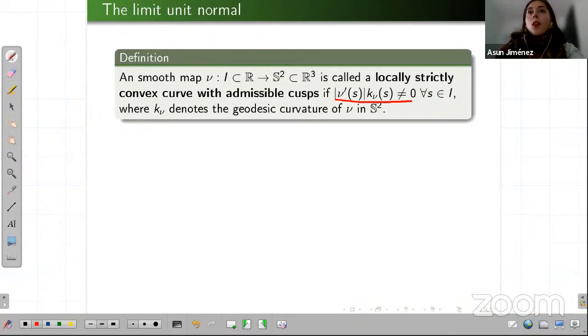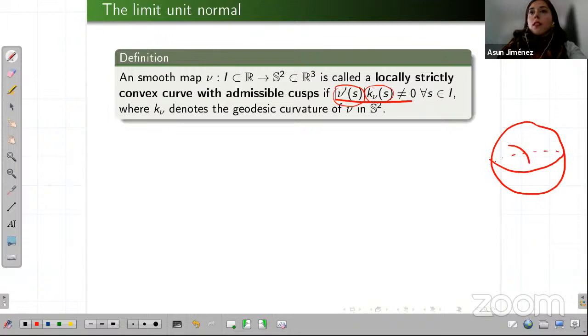At the points where the curve is regular, the geodesic curvature is different from zero, but you admit these bad points that we call cusps, which are points where the curve is not regular, that is, this may be zero, but in this case, the geodesic curvature must blow up.